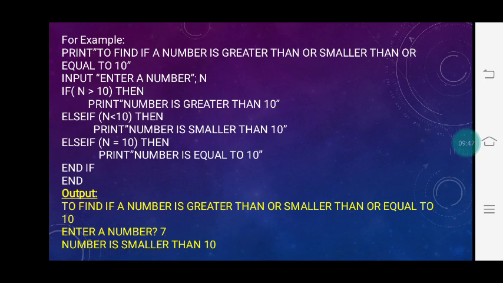Next condition, is 7 less than 10? Yes, 7 is less than 10. So the second condition will be executed: number is smaller than 10. The third condition is n is equal to 10, that is, 7 is equal to 10. This is also not executed.